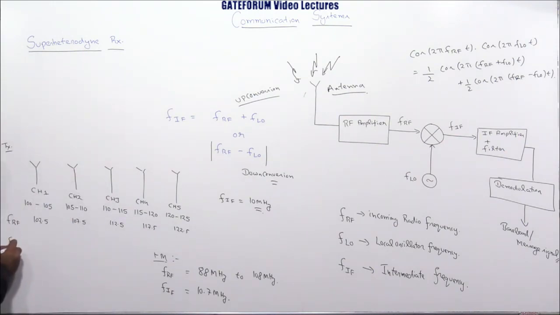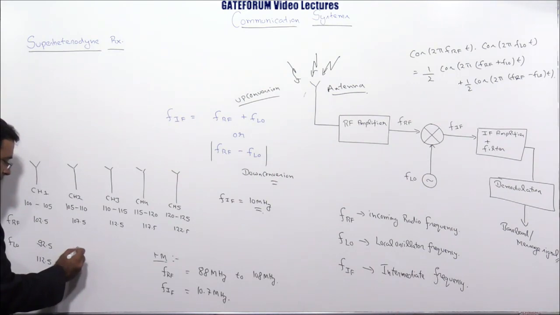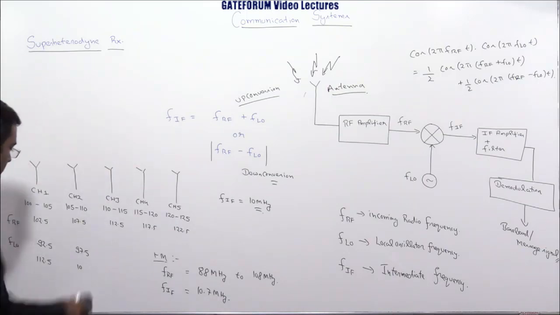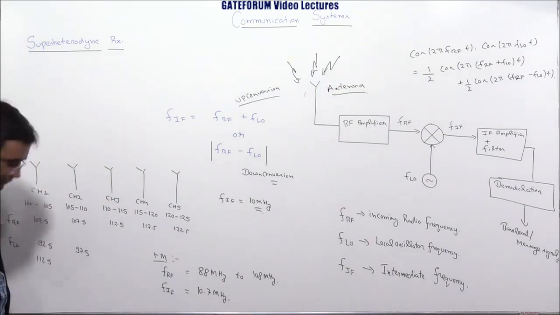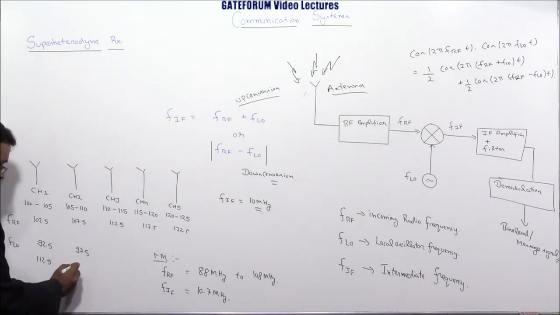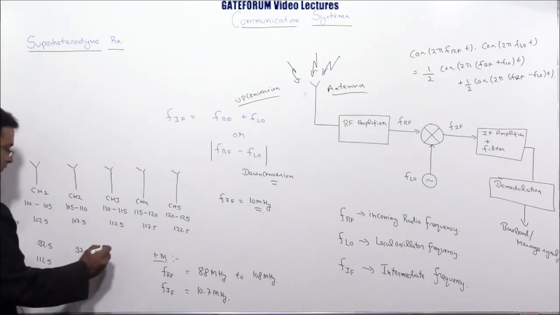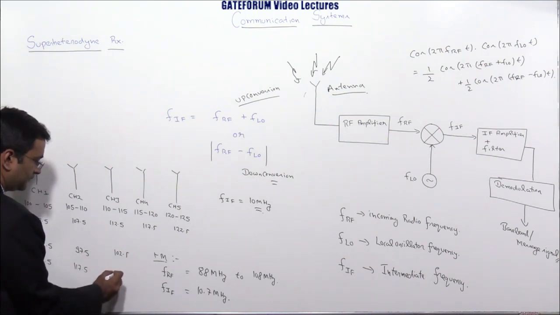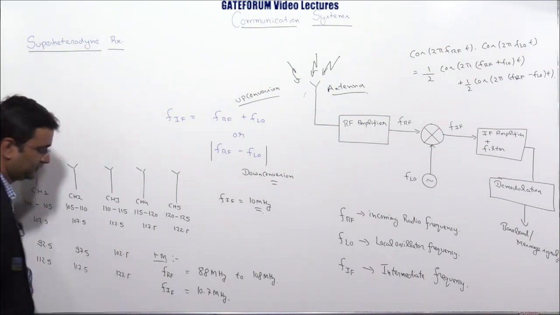So what should FLO be? Two possibilities exist. It can be either 92.5 or 112.5. In this case 97.5 or 117.5. In this case it is 102.5 or 122.5.